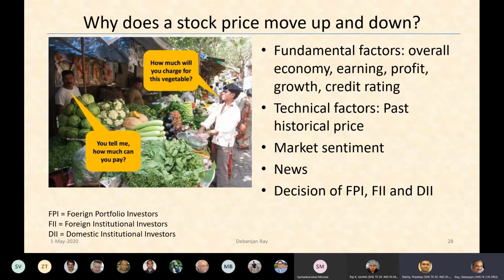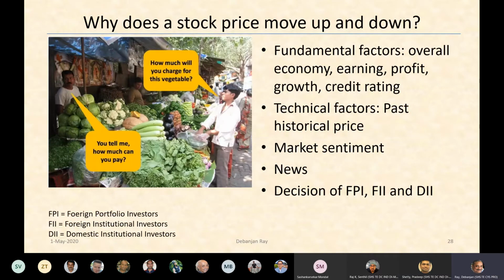Yeah. Because there is a great economic background behind that. Obviously, for vegetables, the factors that drive the price are demand and supply, and also the cost of production. These are the important things.